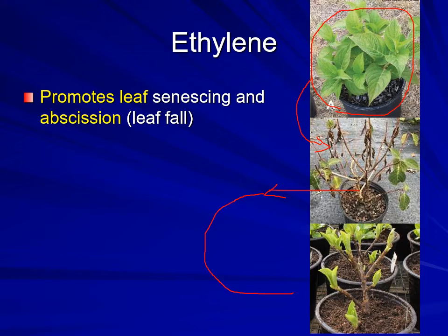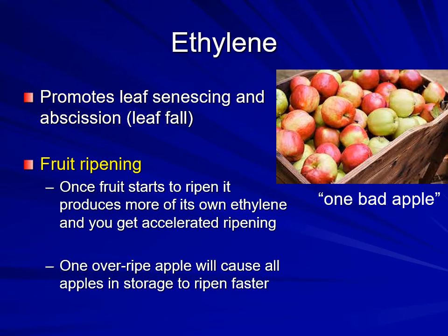And then we stick them in the greenhouse and we force them for spring. And we end up with hydrangeas that are growing ahead of time with nice flowers. And ethylene is an important part of that process because we need to drop the leaves off before they go in the cooler, so we can control when the leaves come off and not have a lot of rot. As far as fruit ripening, you may have heard the phrase one bad apple spoils the bunch, right?